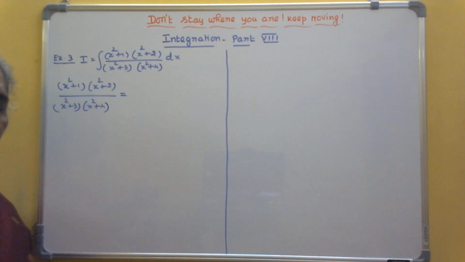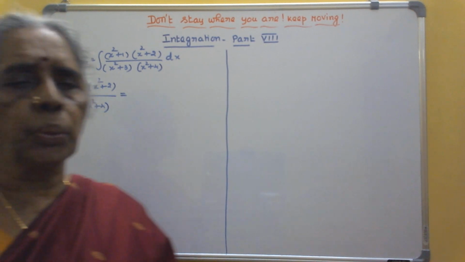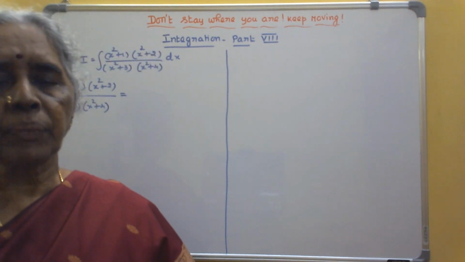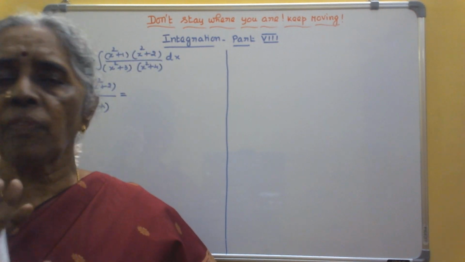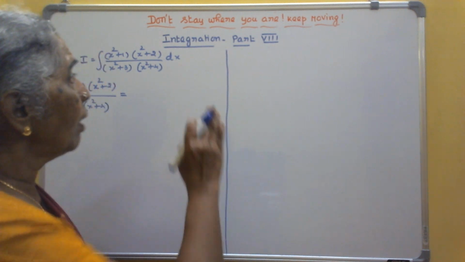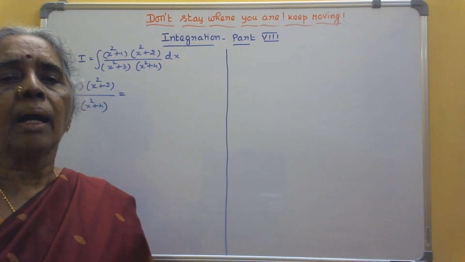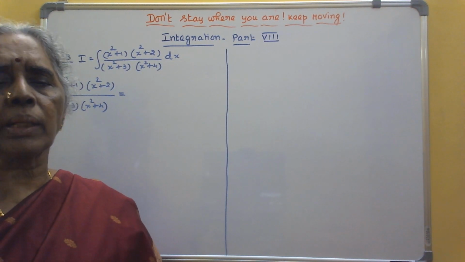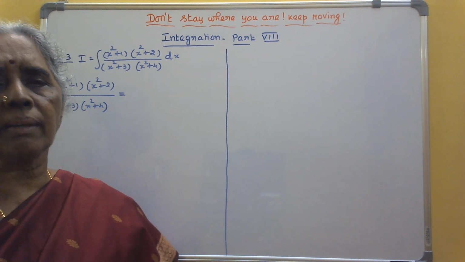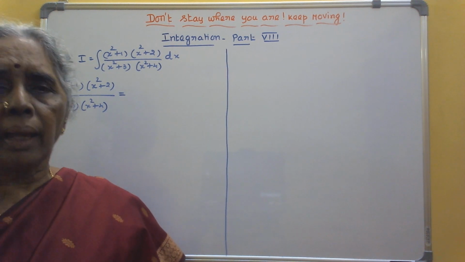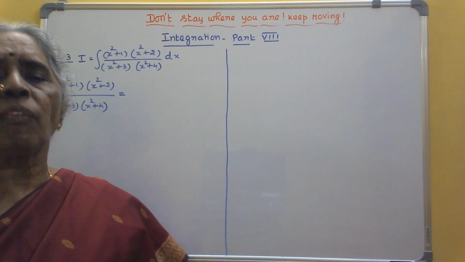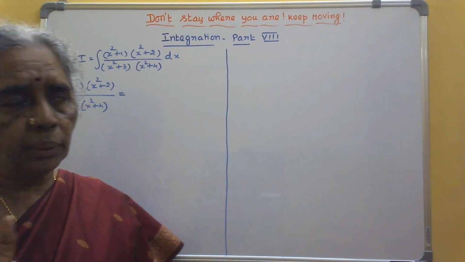Okay. Here I am going to substitute x squared is equal to t. This substitution is not for integration because I can't write anything for dx here. I am substituting only for the purpose of partial fraction and the simplification only. Then I will come back to the x before integrating. Okay, that is very important.